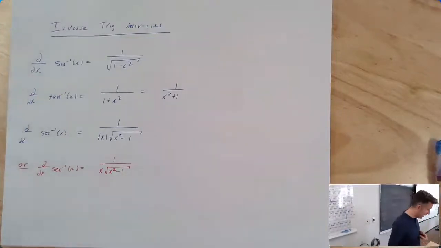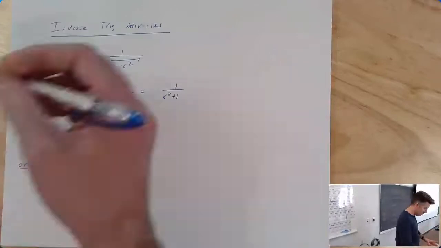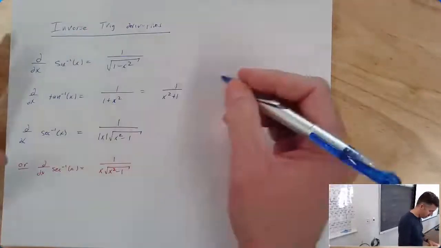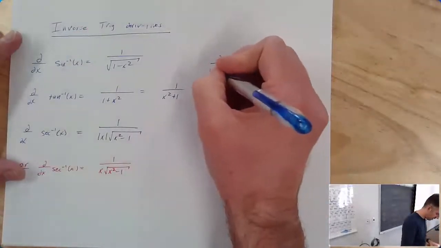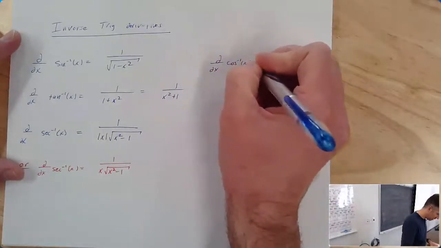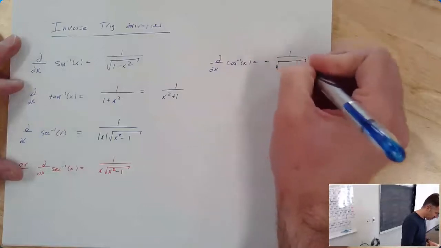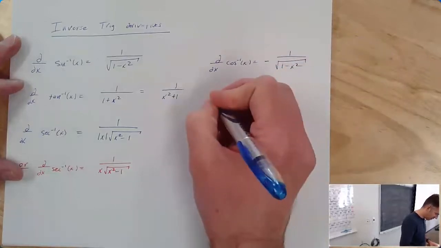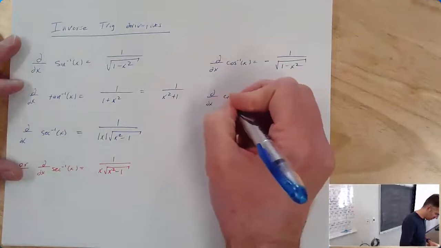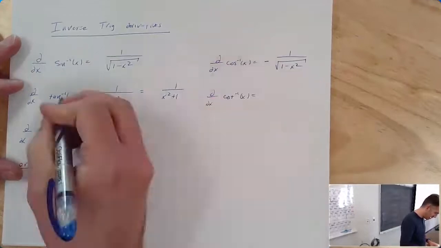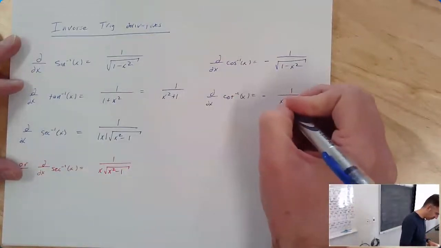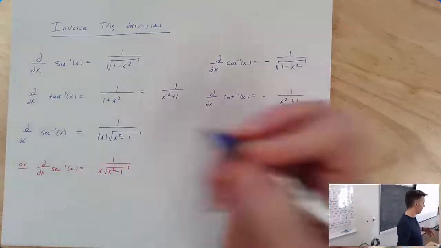And then if you know these three, you know the other three automatically. The derivative of the inverse cosine of x is just the negative of the derivative of the inverse sine of x. It's negative 1 over the square root of 1 minus x squared. The derivative of the inverse cotangent of x is the negative of that one, which is negative 1 over x squared plus 1, or 1 over 1 plus x squared, either way you want to write it.